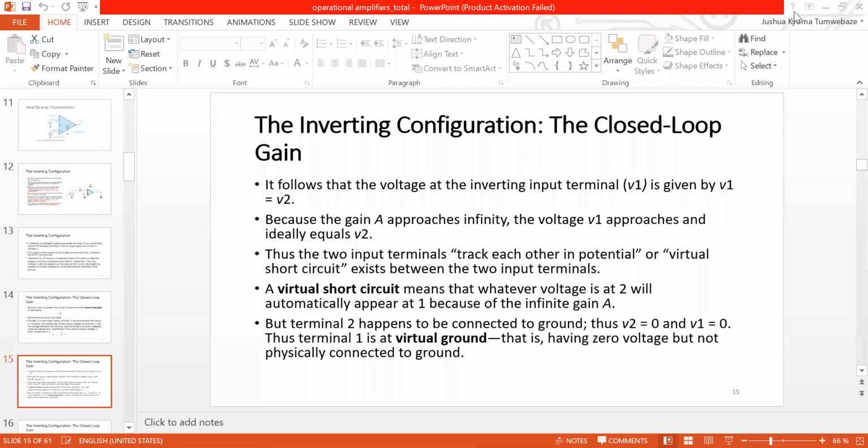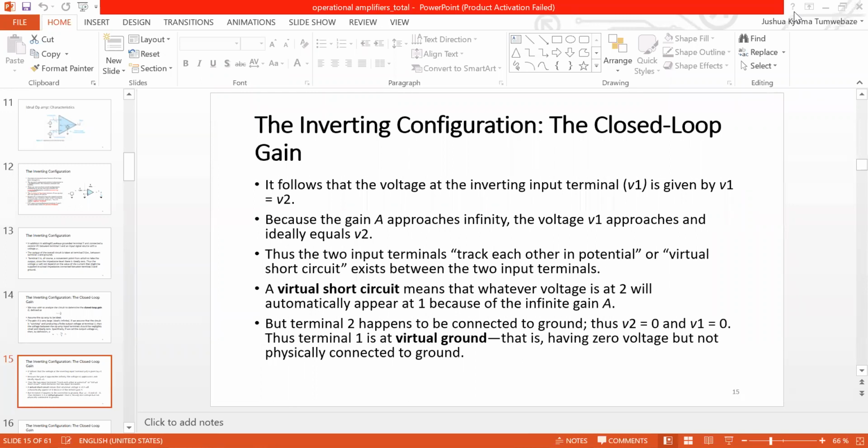The characteristics impose that conclusion, that V1 must always be equal to V2. So we can say that because the gain A approaches infinity, the voltage V1 approaches and ideally equals V2.